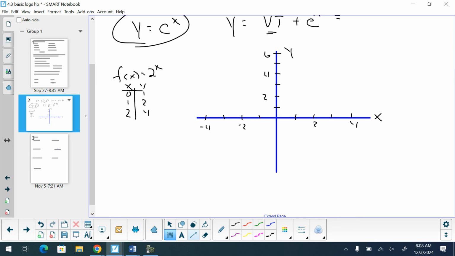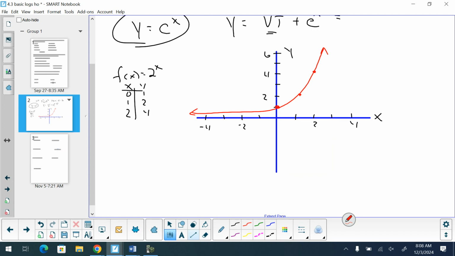So if I plot my original points here, if x is 0, y is 1, x is 1, y is 2, x is 2, y is 4. We will be asymptotic to the x-axis here. So we get our base graph, y equals 2 to the x, by just plugging in values of x and solving for y.